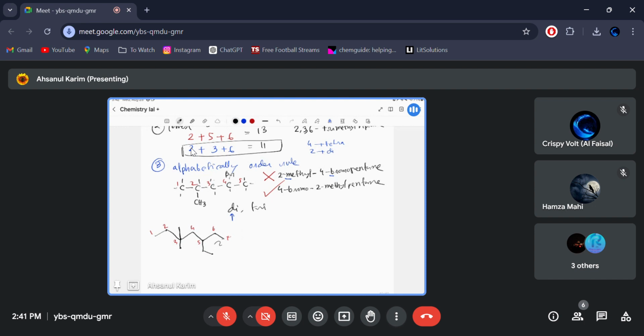So at 5, you have an ethyl group, yes or no? 2 carbons means ethyl group, and at 3, you have a methyl group, correct? So what will be the correct naming? 5-ethyl, correct? 3-methyl heptane, right? If I'm not wrong.